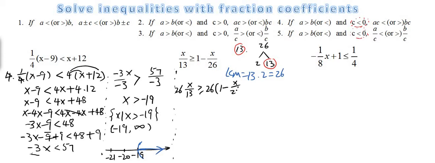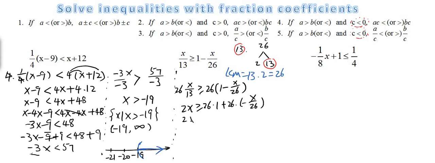And then we can simplify it. 26 over 13 should be a 2, right? 2x. And for the right hand side, we can do the distribution. 26 times 1, 26 times negative x over 26.